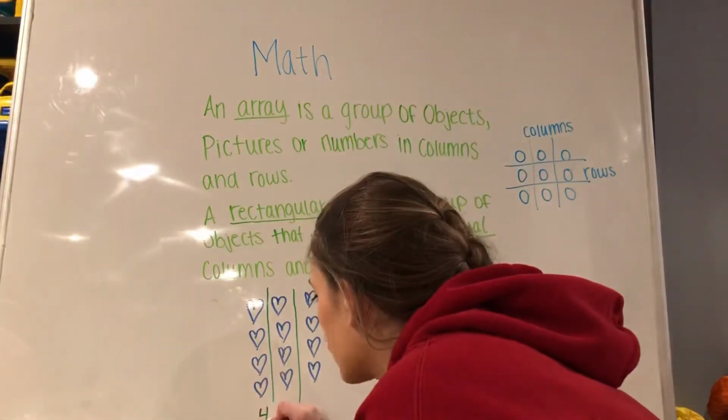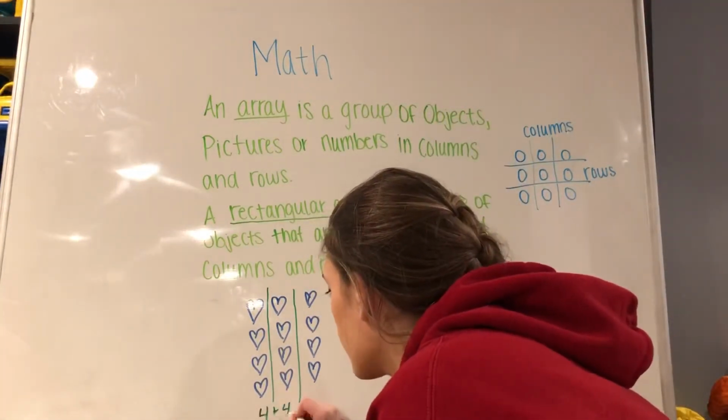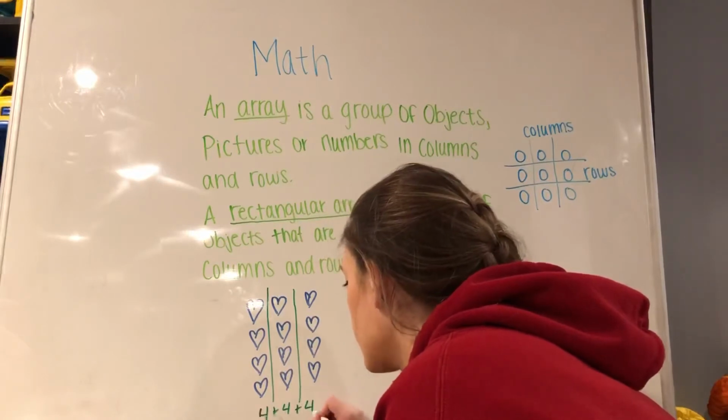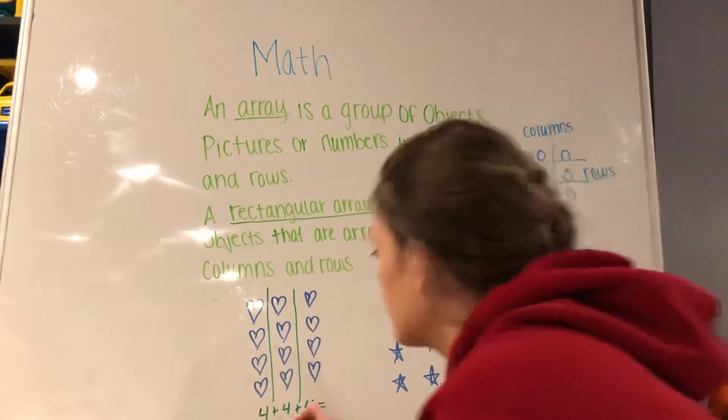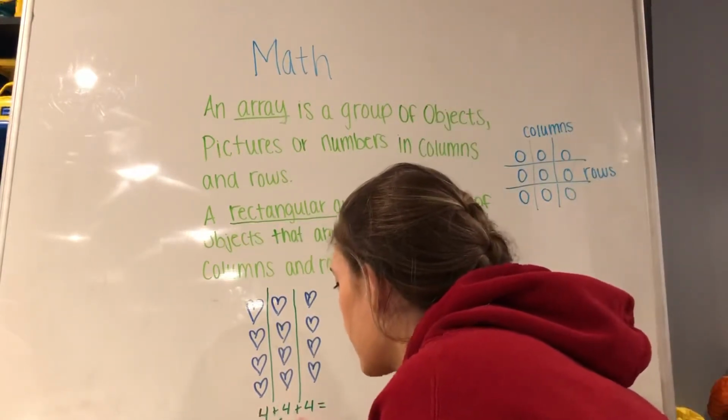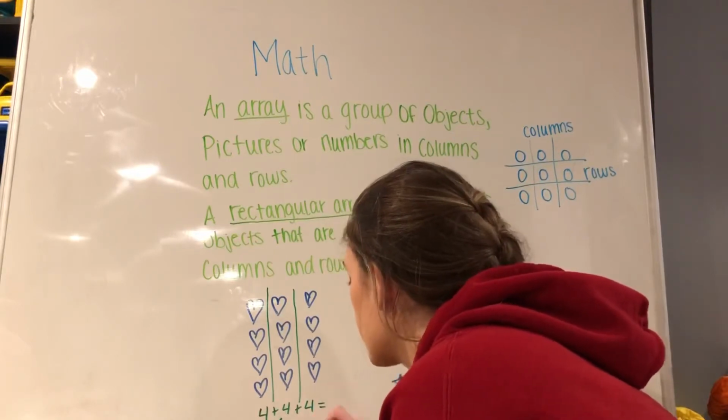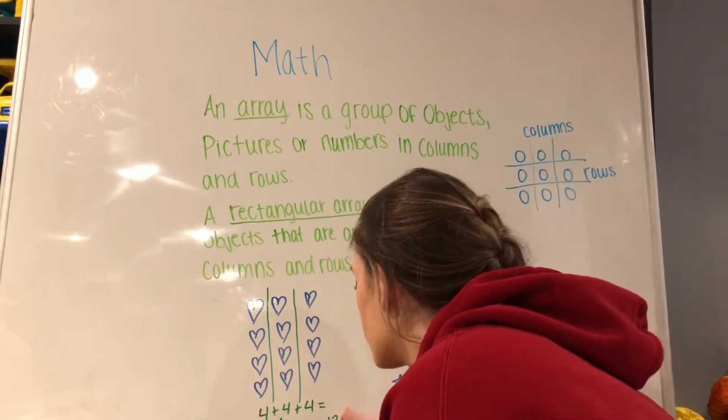So we're gonna have 4 plus 4 plus 4 equals, 4 plus 4 is 8, plus 4 equals 12.